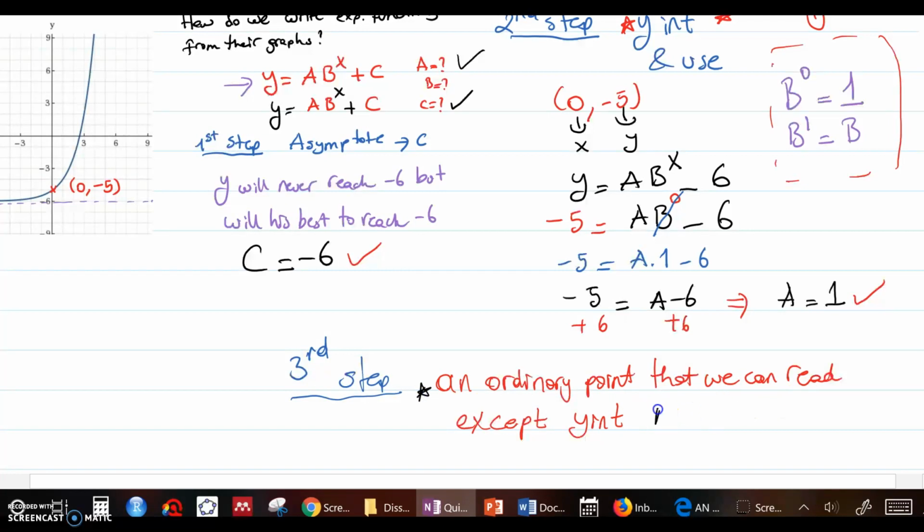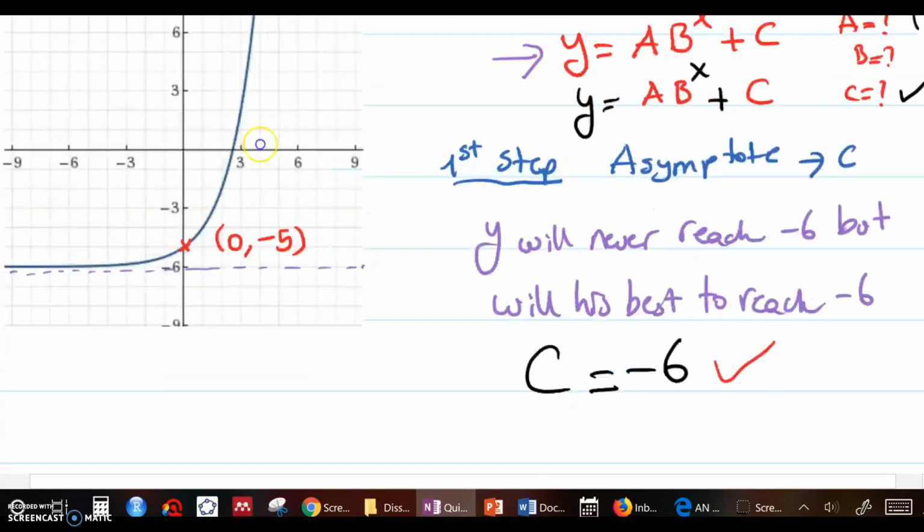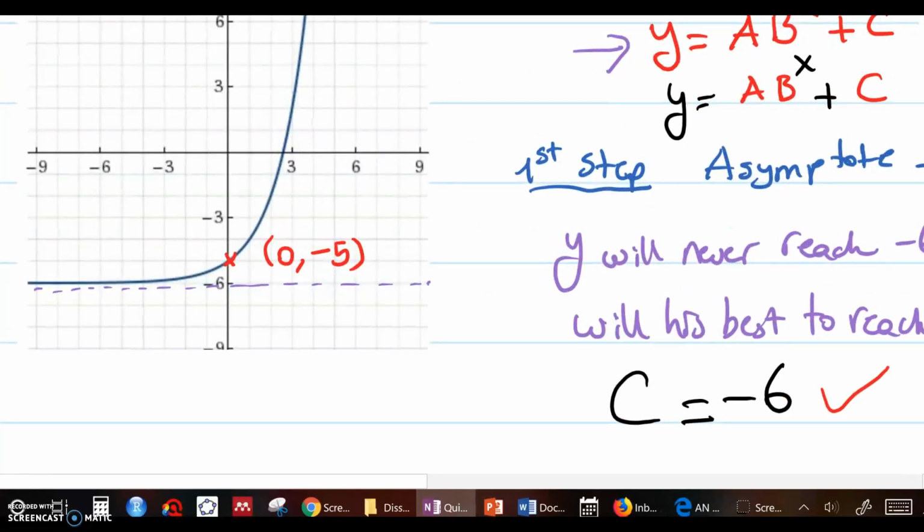I need you to remember, please. Except the y-intercept, we used the y-intercept on the previous step. So let's go back to the graph and try to find the point which cuts the corner. I'm going to say this one is not bad, really, right? We can see that it is coming from 1 and it is coming from -4 here. So I'm going to name this point 1, -4, and I'm going to use that.